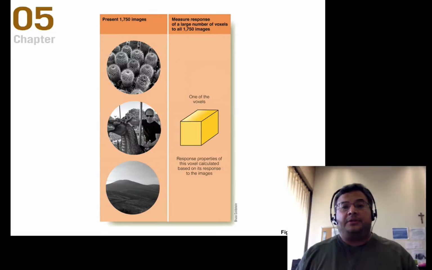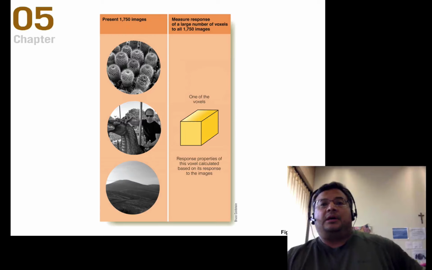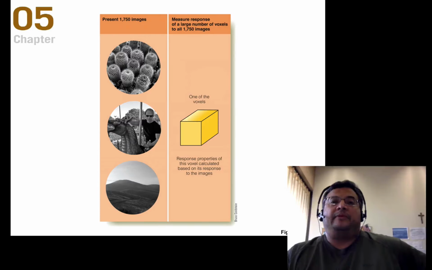So here's another example where we did this at a very large scale. We presented 1,750 images of different types to a person and recorded the response of a large number of voxels.